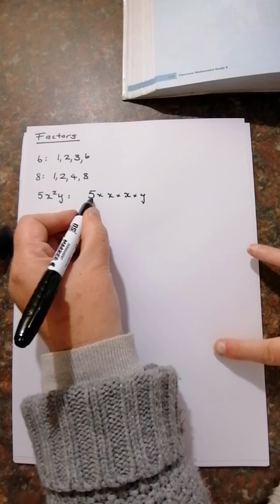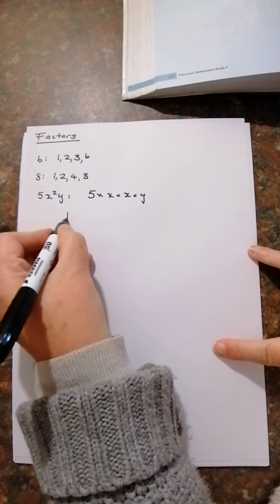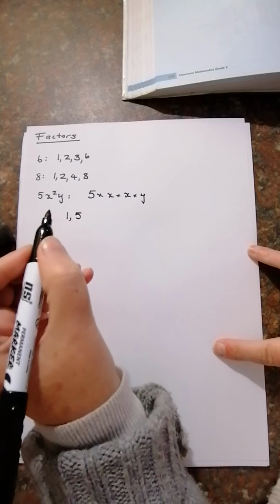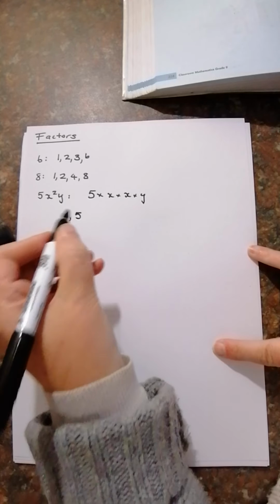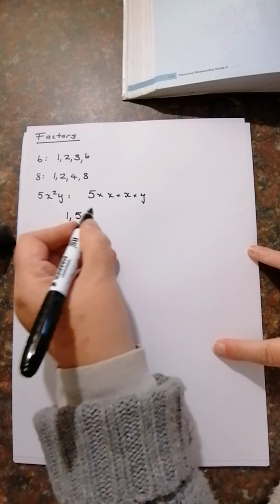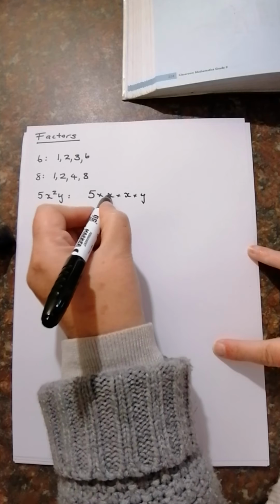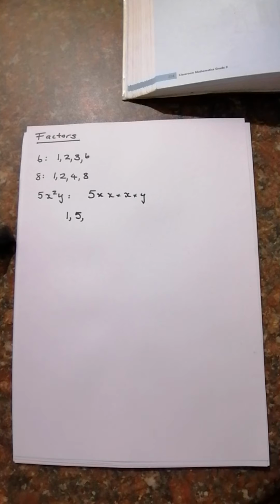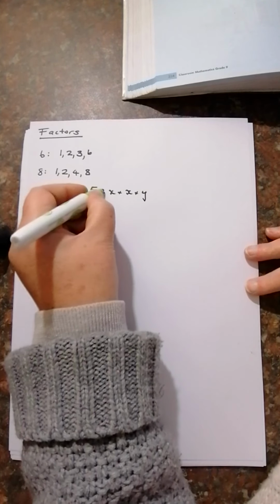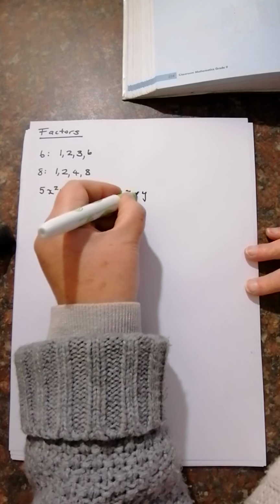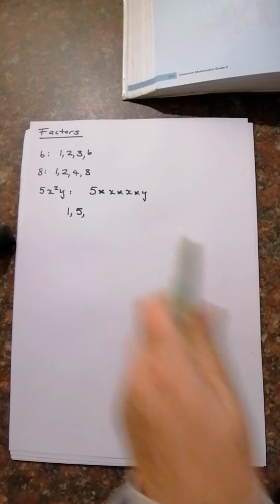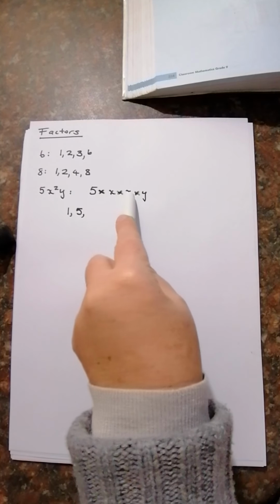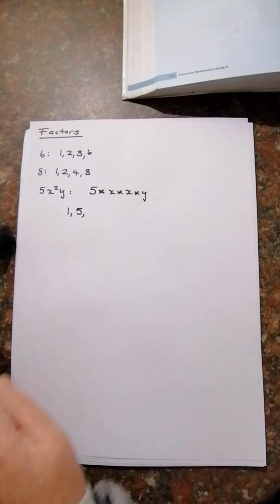What are the factors of 5? It's 1, 5, and then let's put that in a color so that you can see. That's times, that's times, that's times. Okay, and the others are 5 times x times x times y.